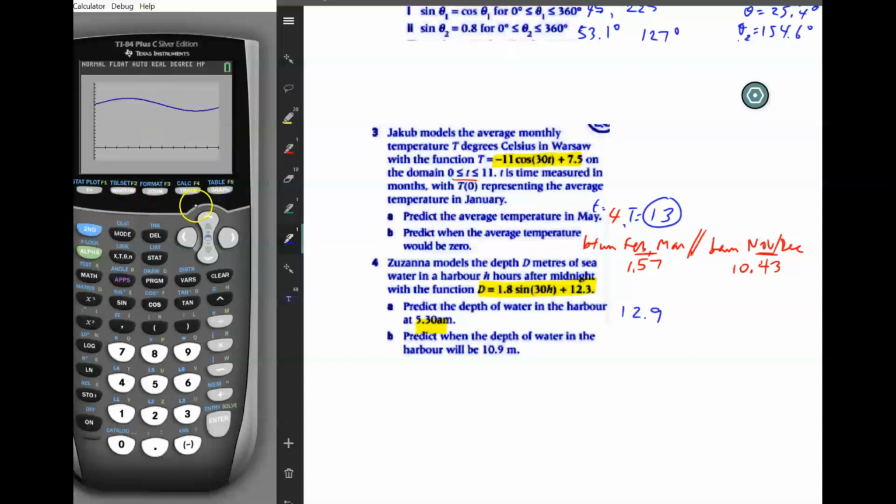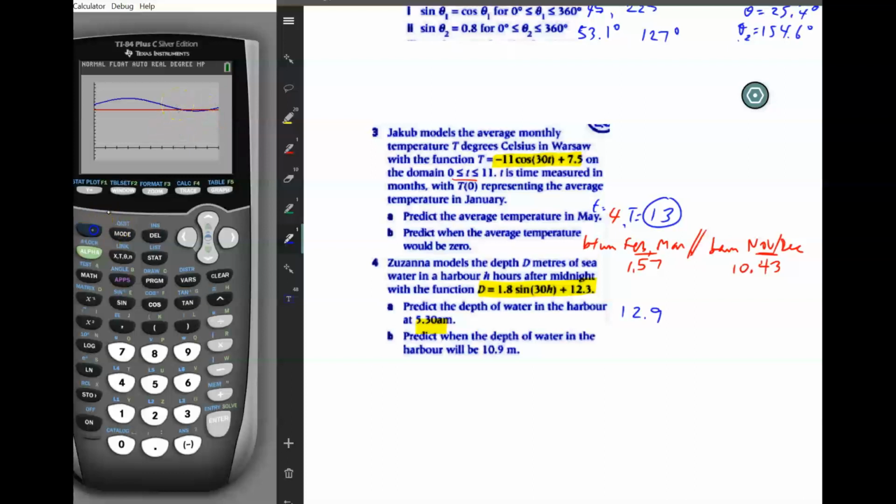So we go back to the graph, and then we make a second line, a horizontal line at 10.9, and then we're going to see what the intersections are. Okay, so it looks like there's two intersections here. I'm going to find the first intersection at least.